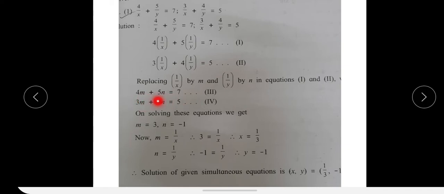Their power or degree is 1, and therefore this is converted into a linear equation in the new two variables. Now the second equation can be converted as 3m plus 4n is equal to 5. Give these two equations as equation number 3 and equation number 4.